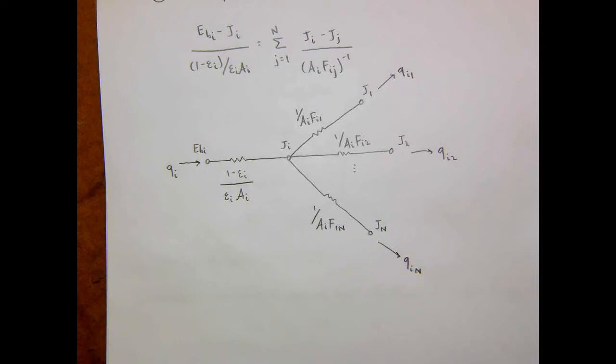So even though the view factor could be non-zero, you won't have any net radiation exchange between that surface and itself because it's at the same temperature as itself. So that's why we'll have basically one fewer summation on the right-hand side than we have number of surfaces for each surface we consider.